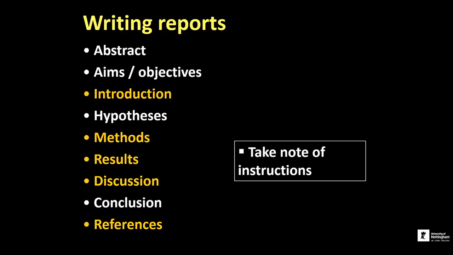Okay, so that's the simple structure that we typically expect you to adopt, but you will find in some circumstances you're asked to, or it's appropriate to, provide additional sections. So sometimes you will be told or asked to write an abstract as well, and an abstract is a summary, and it comes at the beginning of your document. It's a short summary of the entire piece of work.